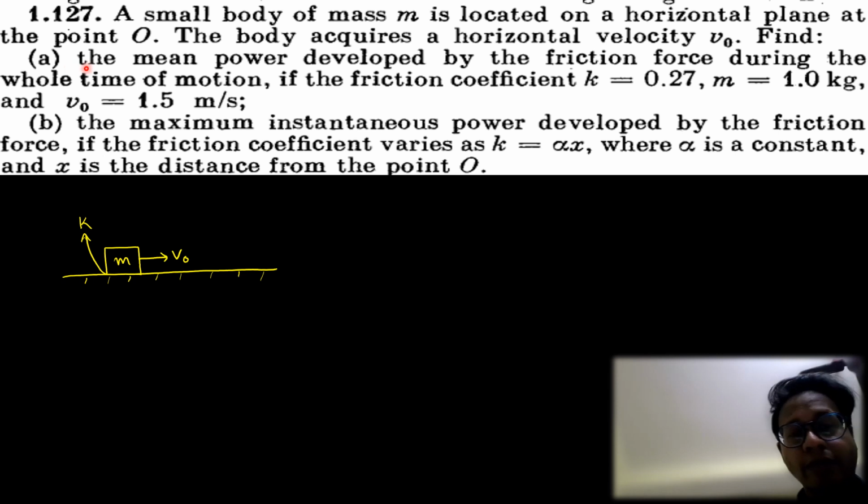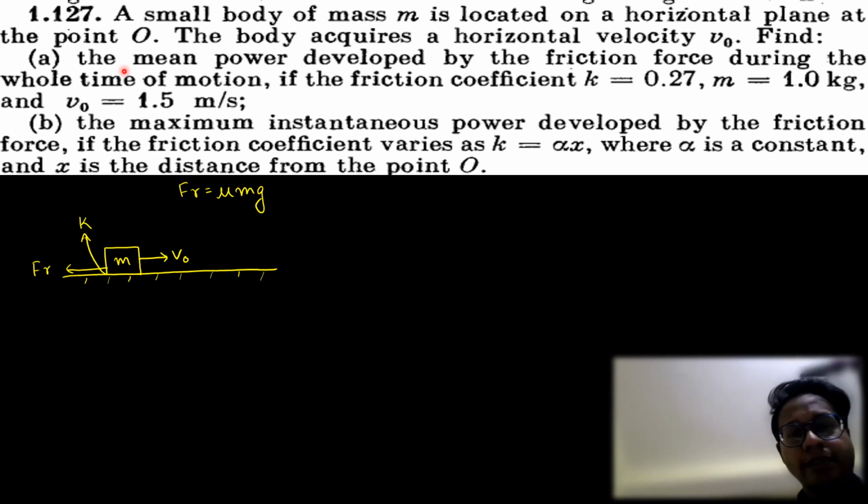The first part of the question asks for the mean power developed by the friction force during the whole time of motion. That means the friction force will act in the opposite direction until this entire body stops. What is the value of friction force? Friction force is mu mg, or mu N, and N here is equal to mg.